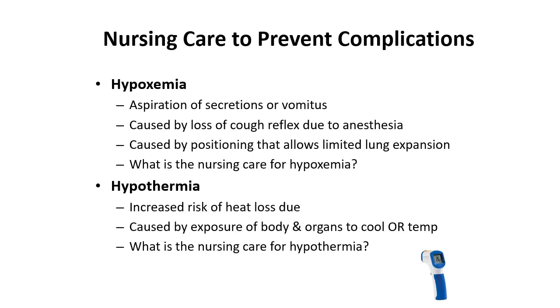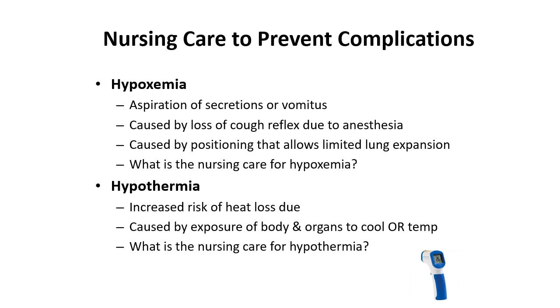Okay, so some patients are going to be at a higher risk for hypoxemia than others. One of the most important things is if you have a patient that's going into the OR that hasn't been NPO, and this is going to happen most often with patients that are emergency surgeries, it's really important to pass that on to the anesthesiologist.